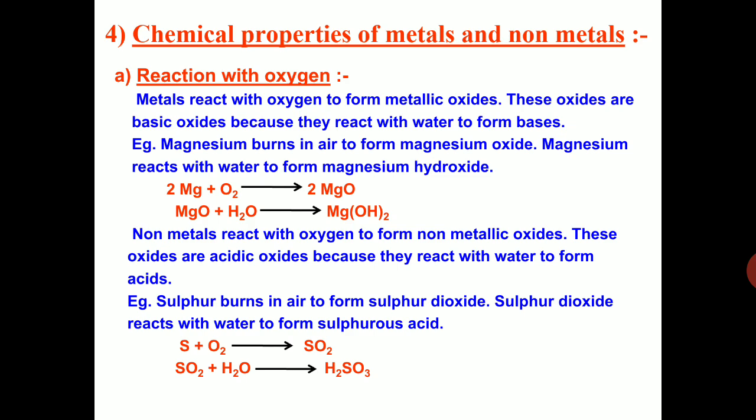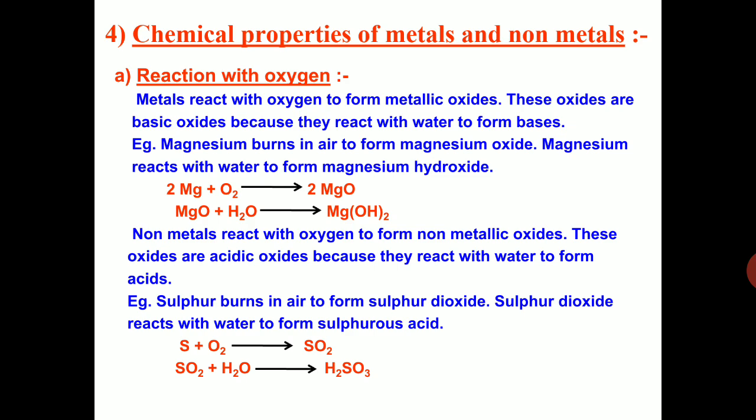Next, we learned about chemical properties of metals and non-metals. First, reaction with oxygen. Metals react with oxygen to form metallic oxides. Magnesium forms magnesium oxide, calcium forms calcium oxide, sodium forms sodium oxide.